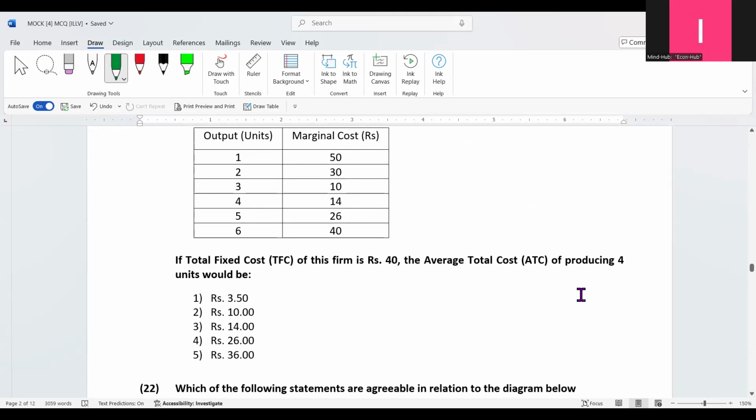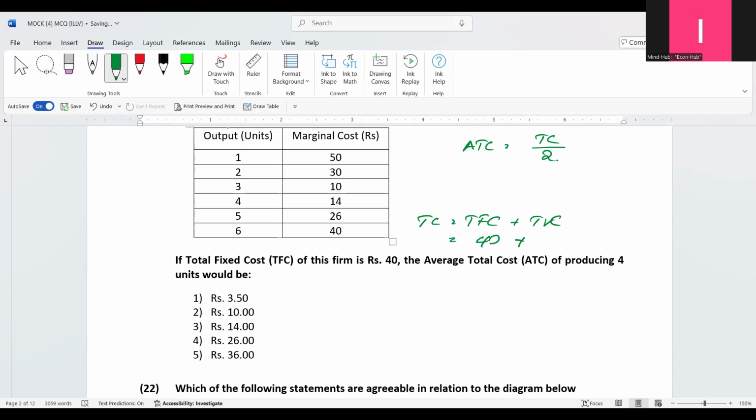They're asking for average total cost. So we know ATC is TC divided by quantity. TC in the short run is TFC plus TVC. TFC is given, 40. Can we find TVC? Then we can find total cost at 4 units.